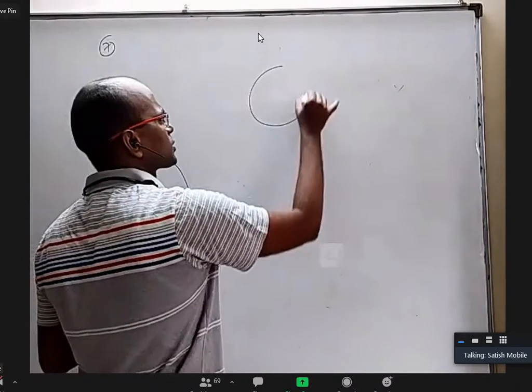Okay, the seventh question. There are three circles touching externally like this.